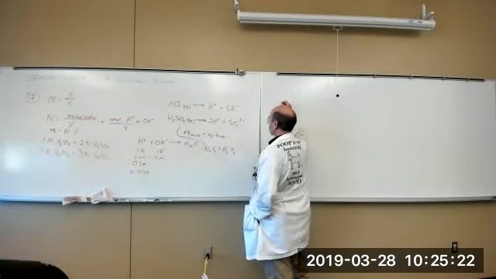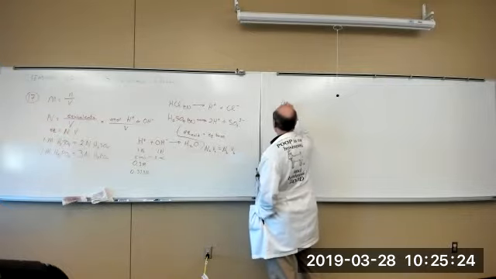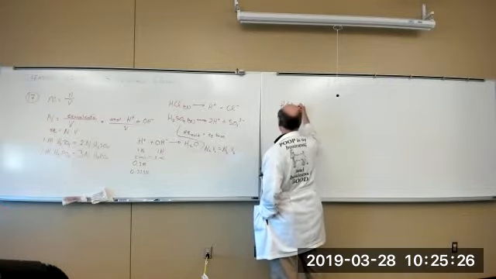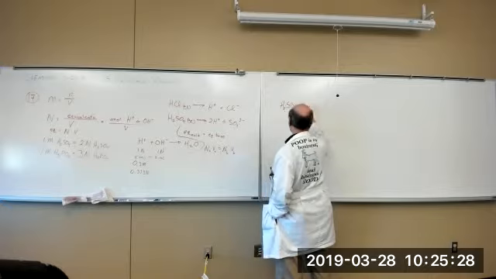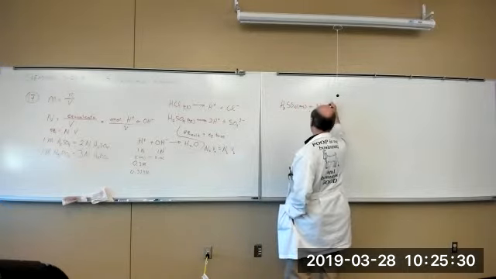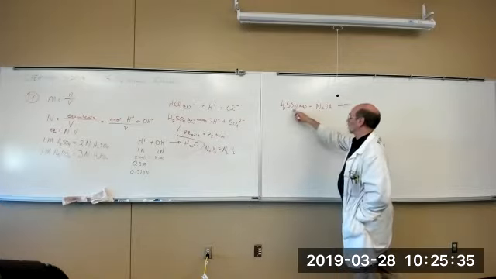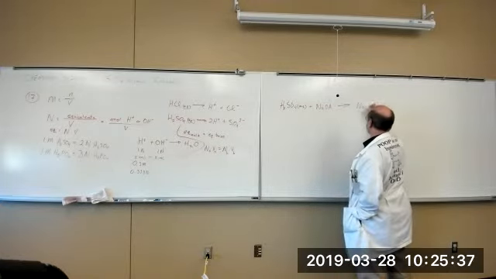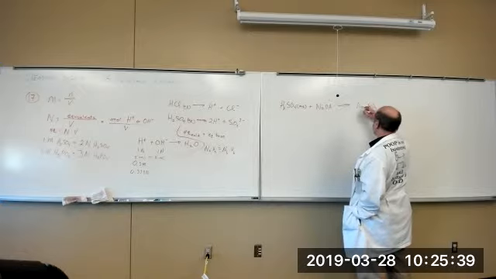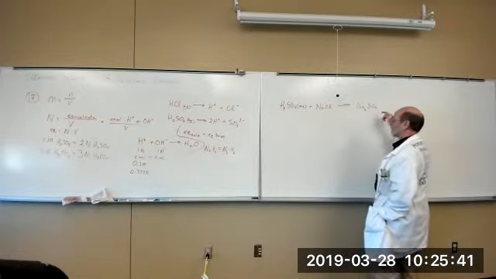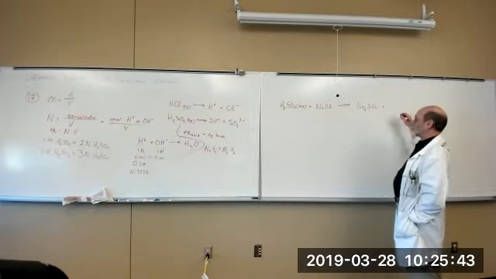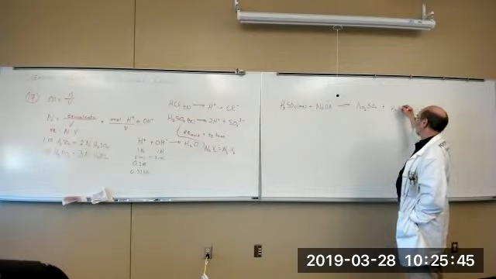Say we were going to react sulfuric acid with sodium hydroxide. Well, sodium and sulfate would go together. Since sodium's +1, we need 2 of them to match the sulfate. And then we would make water with the rest of it.